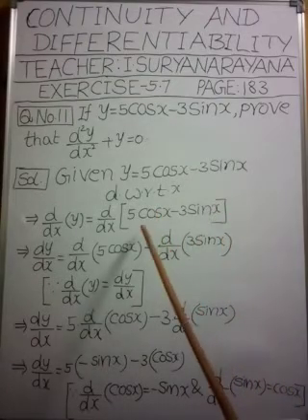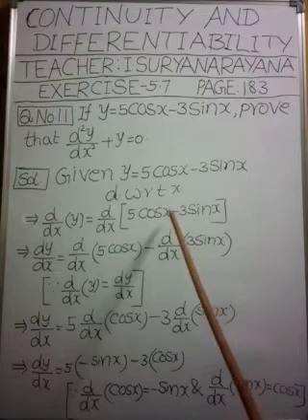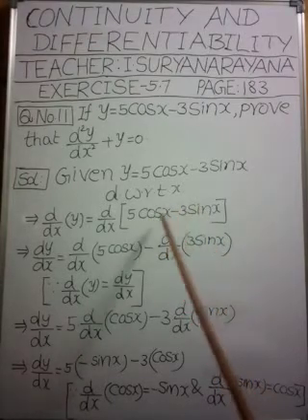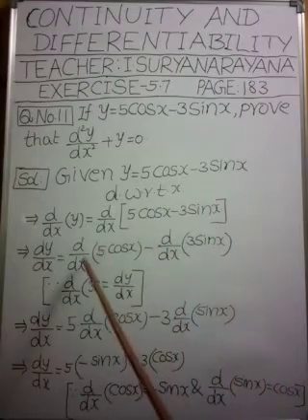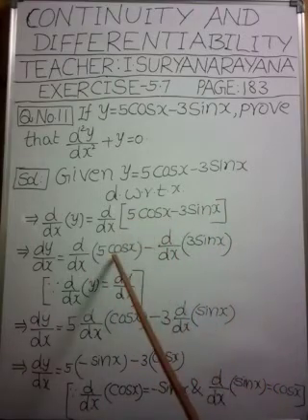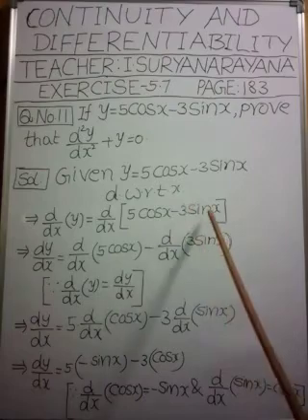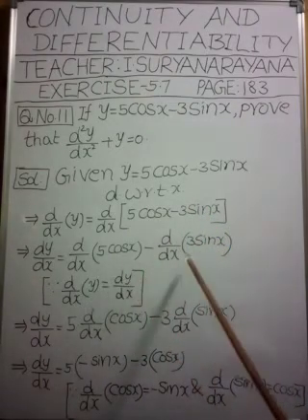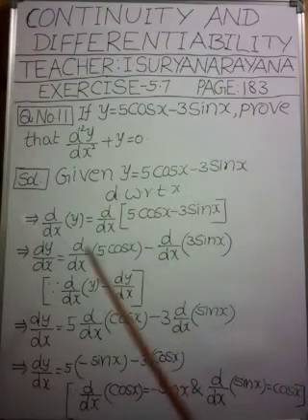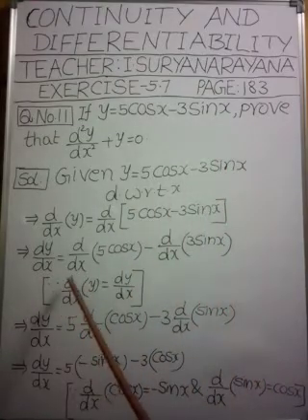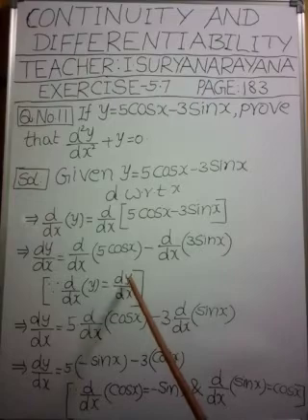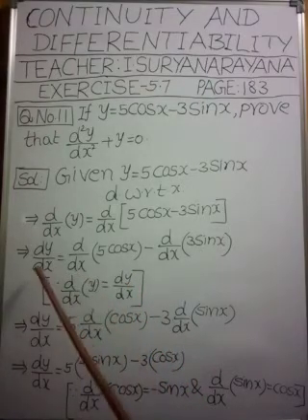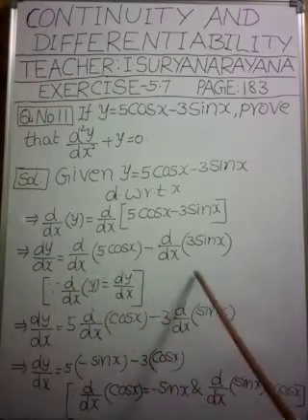So we differentiate this function by taking the differentiations of these two terms separately. So d by dx of 5 cos x minus d by dx of 3 sin x. Understood this step, my dear children? I wrote dy by dx because d by dx of y is equal to dy by dx in LHS. Understood this step?